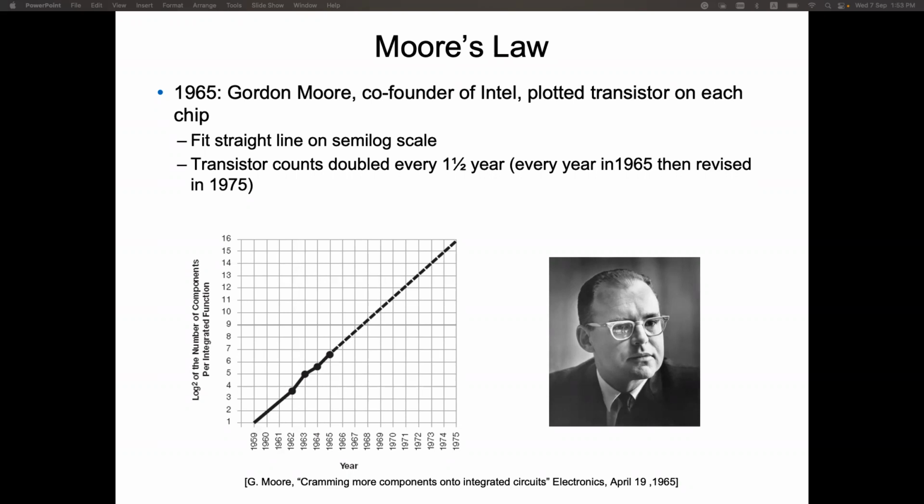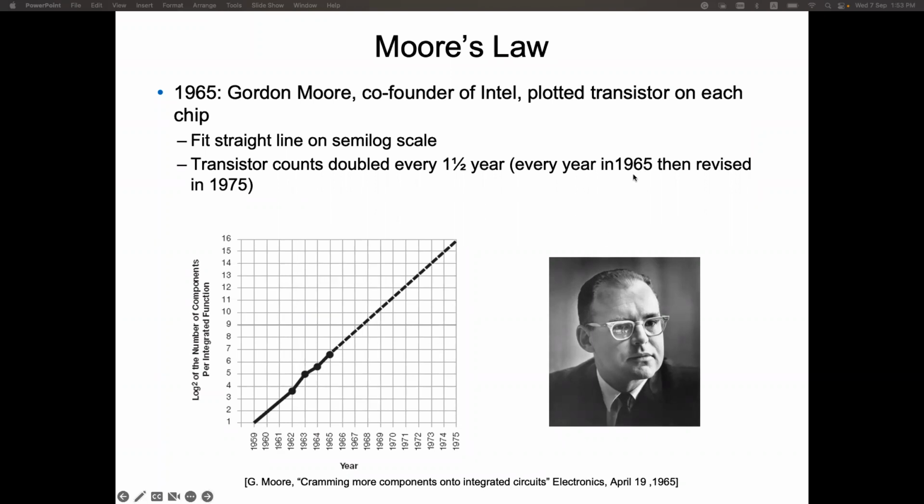And then there is this famous law called Moore's Law. Every one of you should have already heard of this law. So this Moore, who is the co-founder of Intel, predicted that the number of transistors put on state of the art integrated circuits would double about every year.